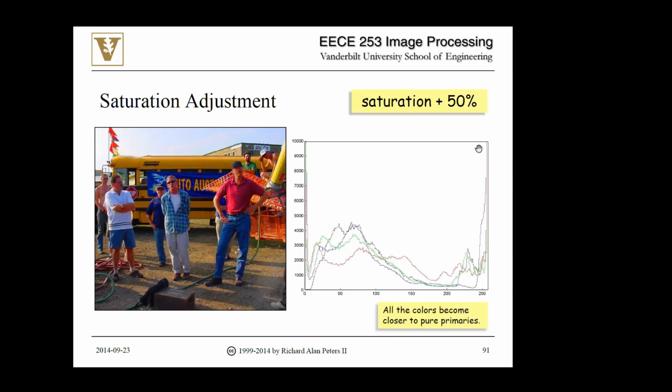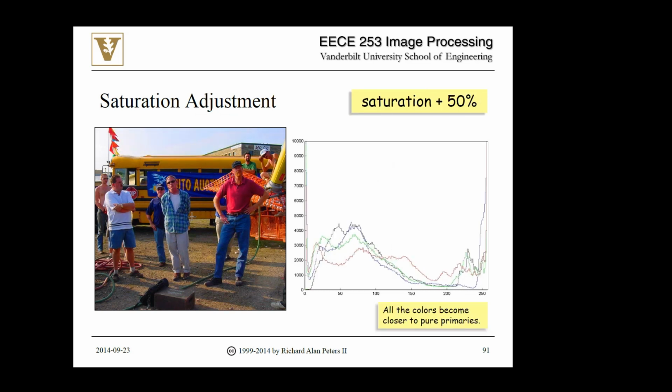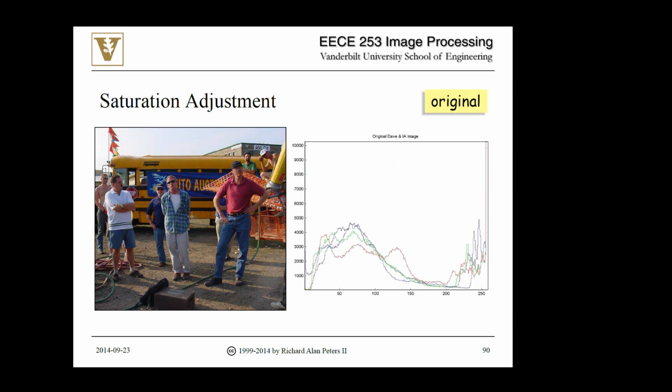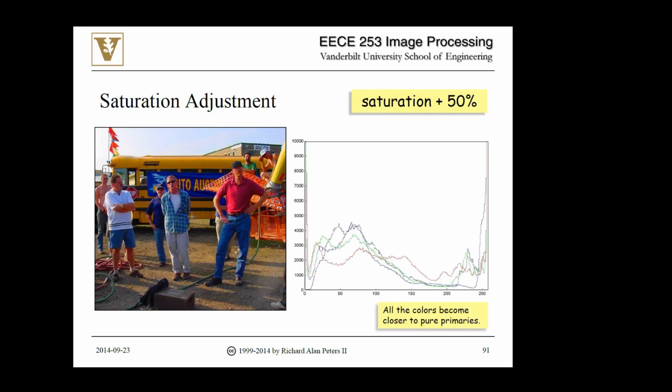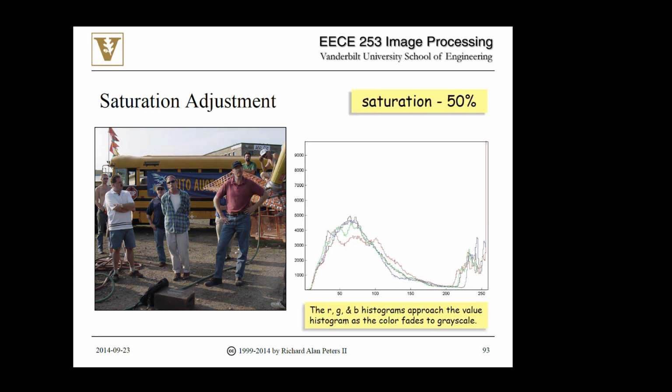So you increase the saturation by 50%, and it is more simple. We compare the two. This one is saturated, this one is not. Then this is the original, and we can decrease the saturation.